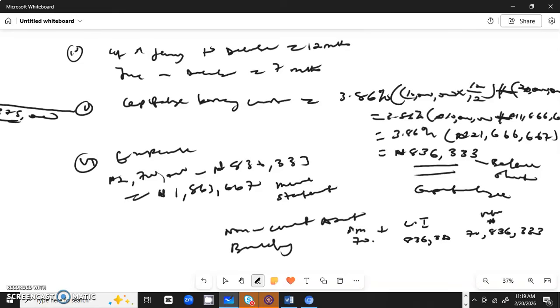So the asset value has now increased because we have capitalized it.